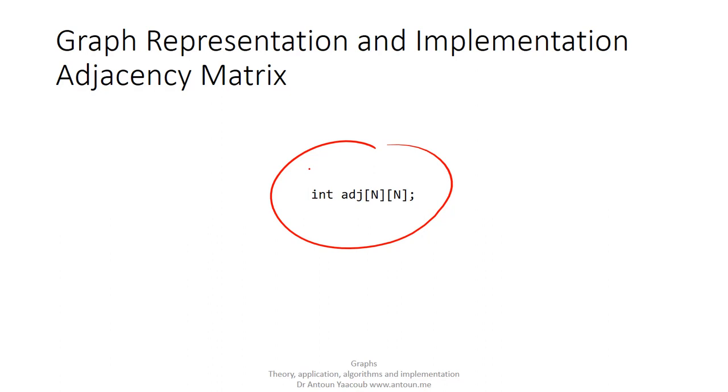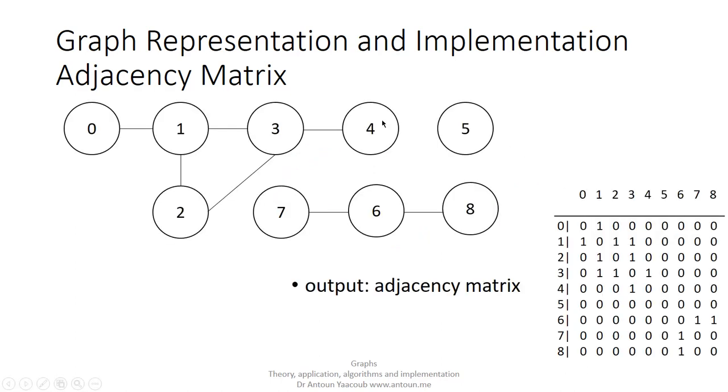Otherwise, if the graph is weighted, meaning there are weights on the edges, I can place, instead of 1, the actual weight associated with each edge. The drawback of the adjacency matrix representation is that it contains n square elements, because you have n vertices and n times n is n square, and usually most of these values are 0. This is why this representation cannot be used if the graph is large.